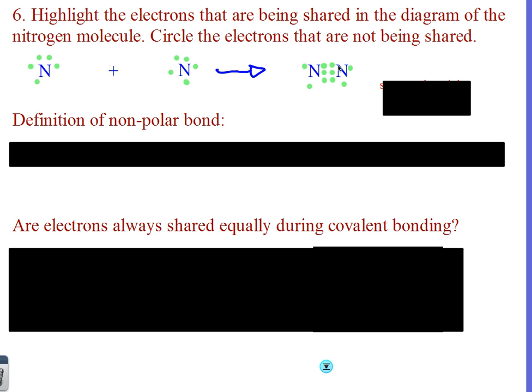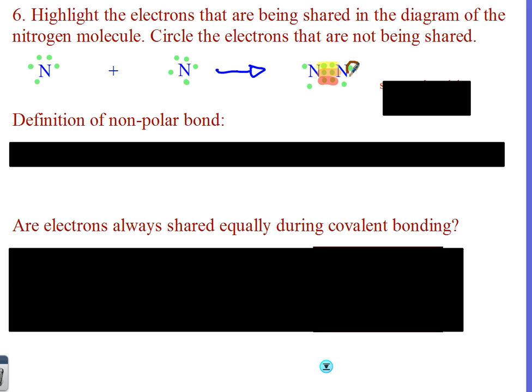So I'm going to do this in different colors, but our first pair that's shared are these guys here. The second pair that's shared are those guys there. And the third pair that's shared is that last guy there. So those are our 3 shared pairs of electrons. And it says circle the ones that are not shared.